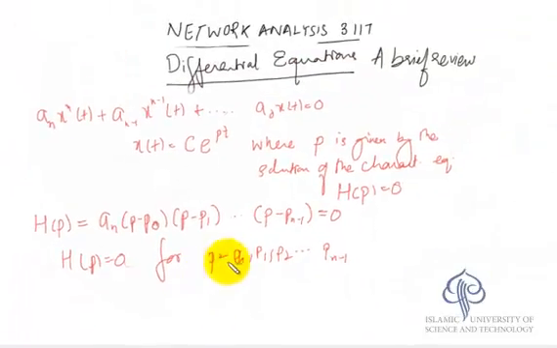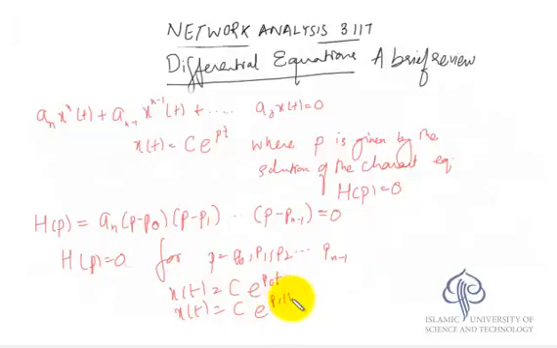That means H(p) is 0 for any of these, and x(t) is equal to c e to the power p0t is one solution, and x(t) is equal to c e to the power p1t is another solution to this homogeneous differential equation.